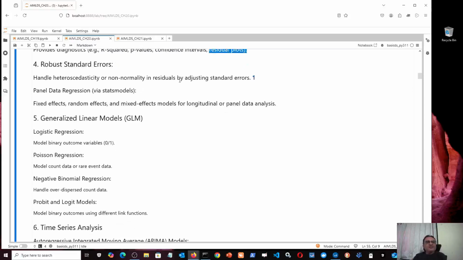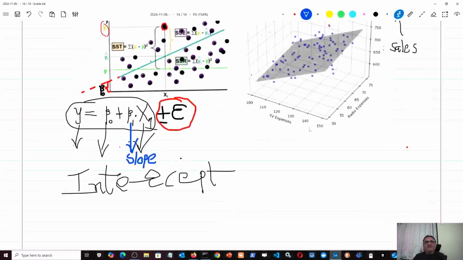Then SciPy and Statsmodels libraries provide robust standard errors. Normally we take standard error as sigma divided by root n, where sigma is the sample standard deviation and n is the number of observations in the sample, right? So sigma by root n, that is what we call standard error. But this has certain issues.